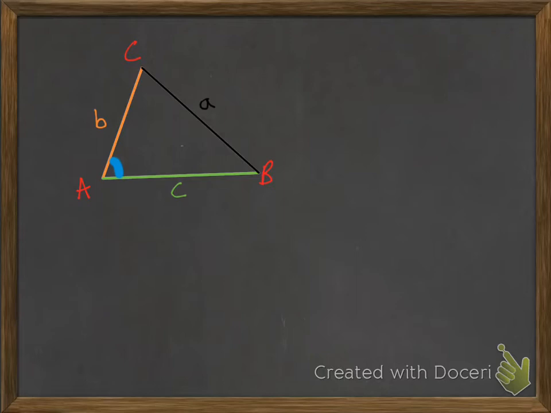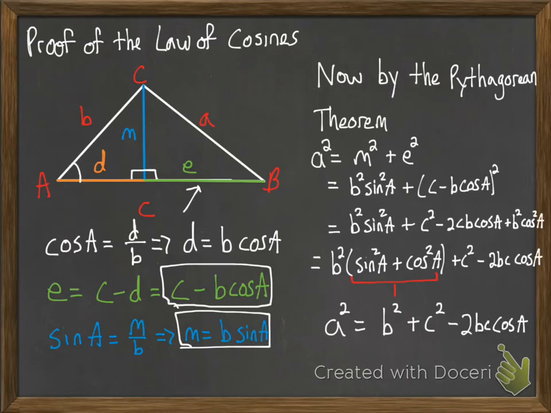Or alternatively, if we know all three sides, the black, the orange, and the green, then we can find angle A, the blue angle there. And so that's the law of cosines, and again, how the law of cosines actually works. Okay. So again, just one last quick look at our law of cosines.